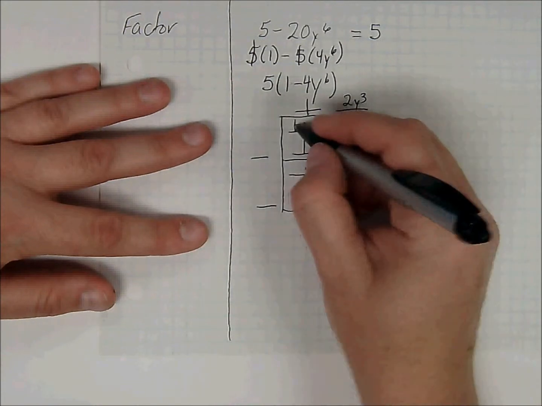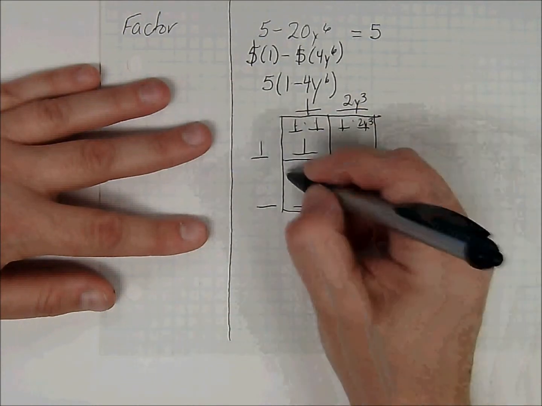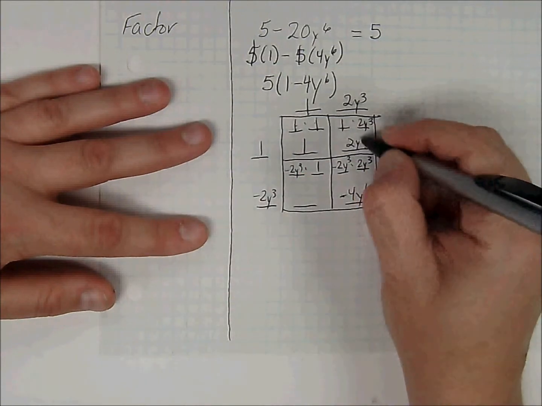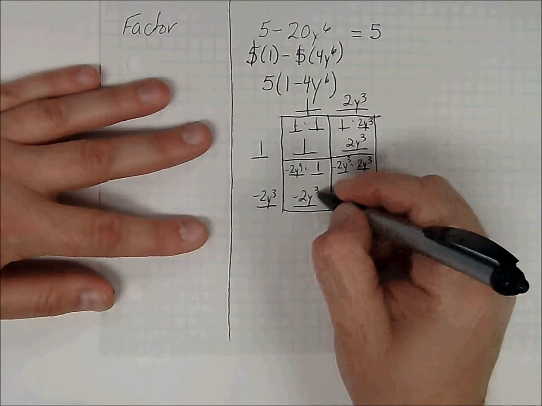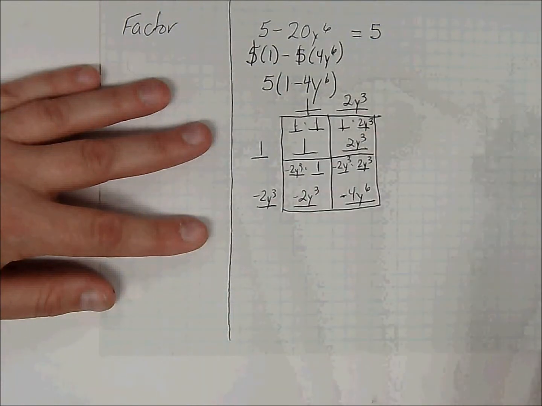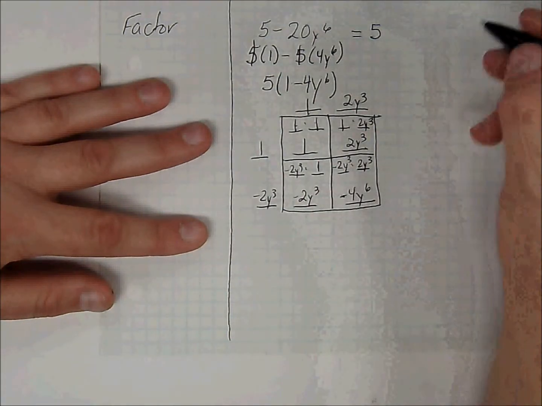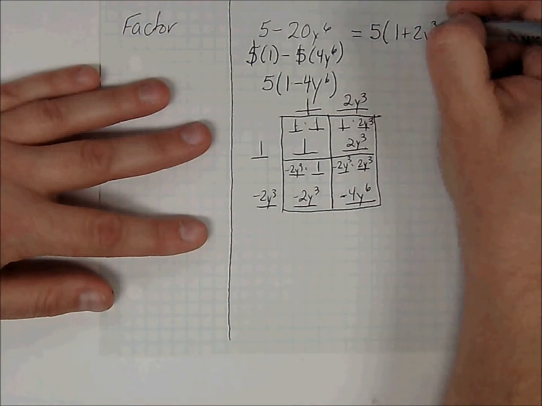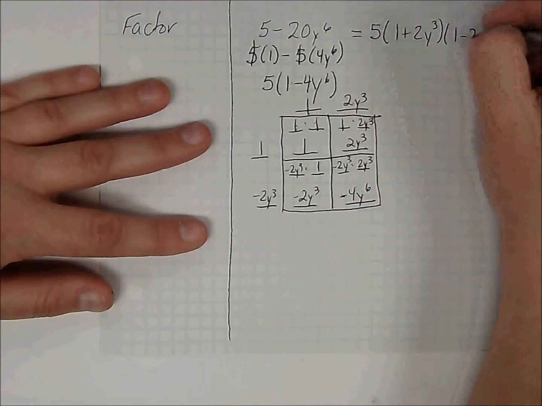And then here's a 1, and here's a negative 2y to the 3rd. I get 2y to the third here, and negative 2y to the third here, and that gives me the 0. So I now have 5 times 1 plus 2y to the third and 1 minus 2y to the third.